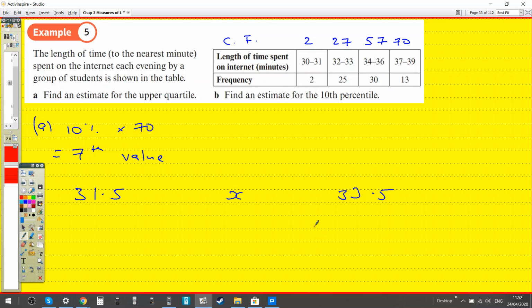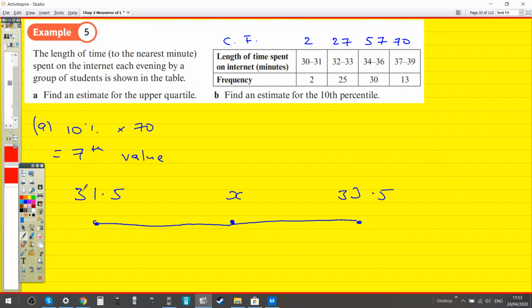Okay. Is this where I put them in the frequency table or not yet? We won't be able to use a frequency table for this because it's estimated data, it's rounded data.